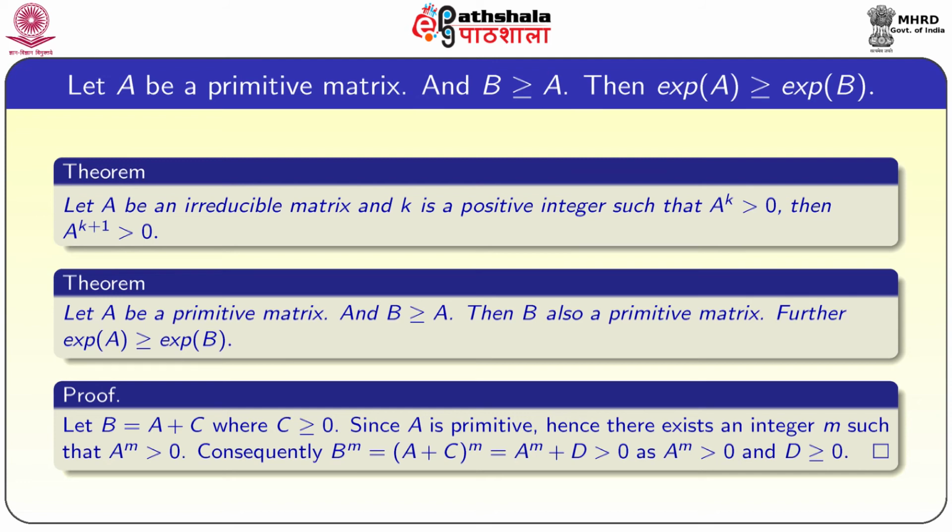Clearly, D is greater than or equal to 0. Since A power m is already greater than 0, A power m plus D is clearly greater than 0, as D is greater than or equal to 0. So, B power m is also greater than 0. So, the exponent of B is less than or equal to the exponent of A.